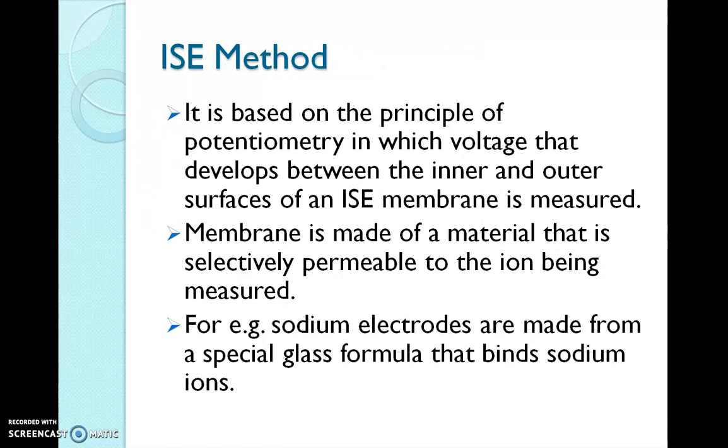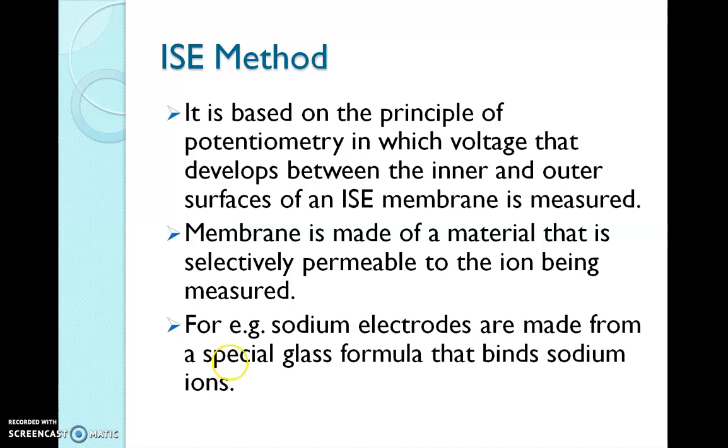So what does the ISE method mean? The ISE method works under the principle of potentiometry. Potentiometry means the voltage that develops between the inner and outer surface of an ISE membrane is measured. Here the membrane is made of a material that is selectively permeable to the ion being measured.